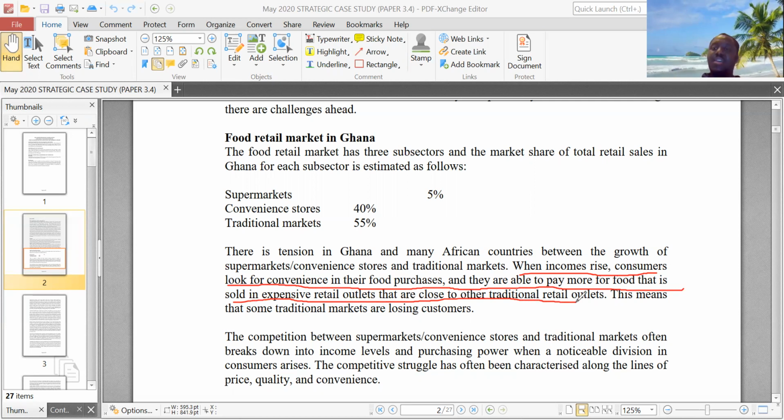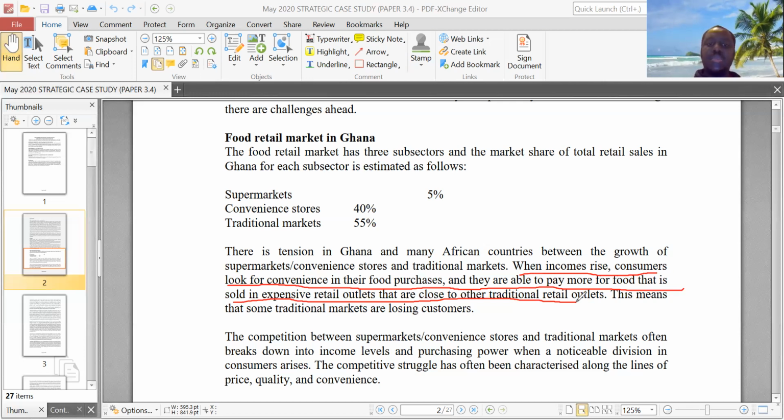So here, people's disposable income is increasing, and so you see a change in their behavior, a change in terms of what they look out for, what they seek to buy. So when incomes rise, people look for convenience, and they're able to pay more because they have more income.